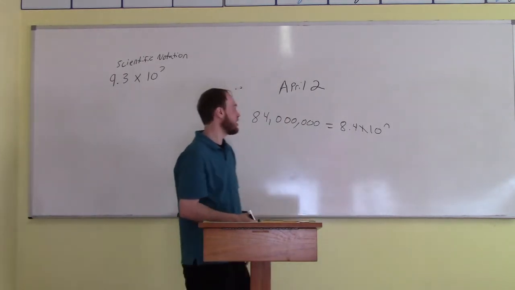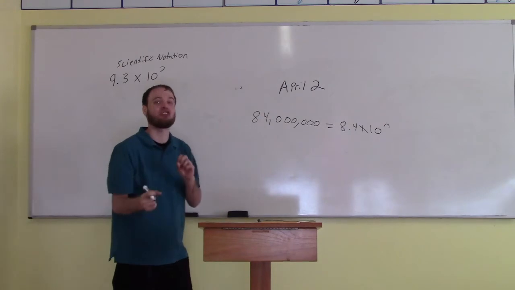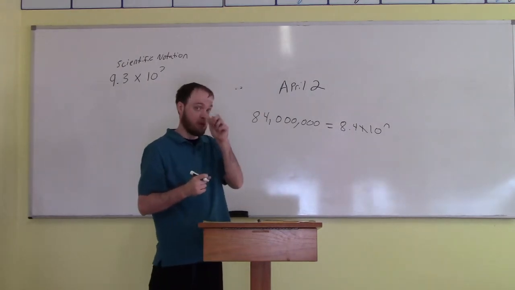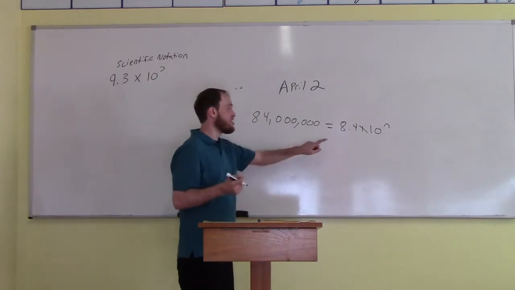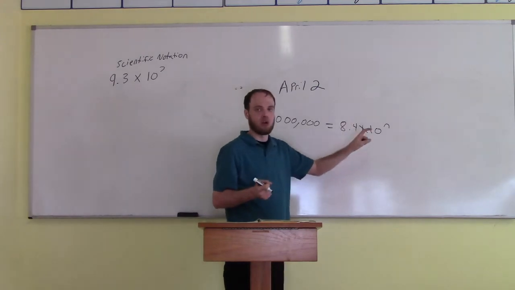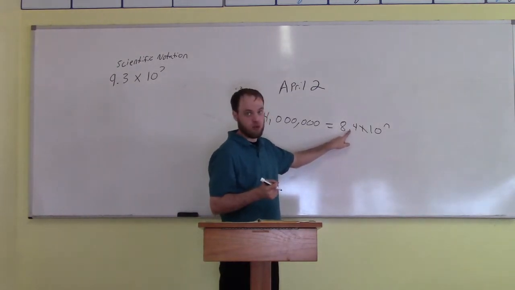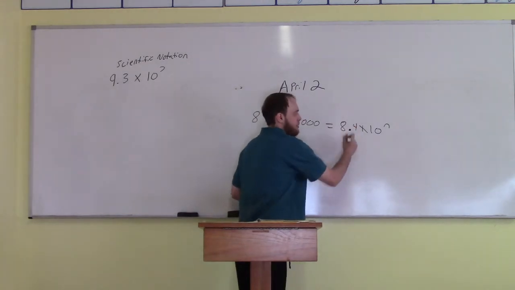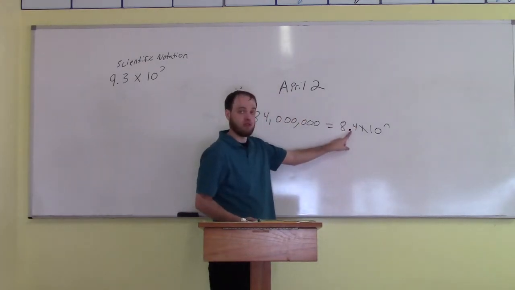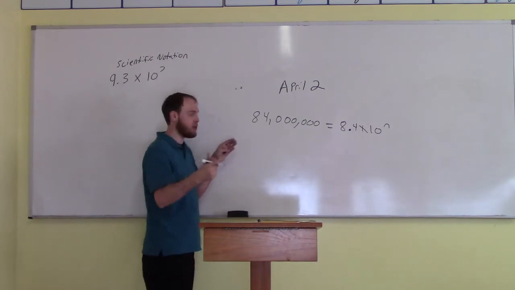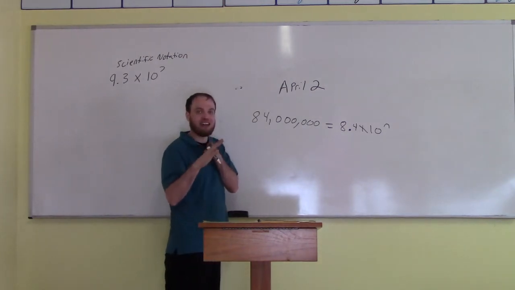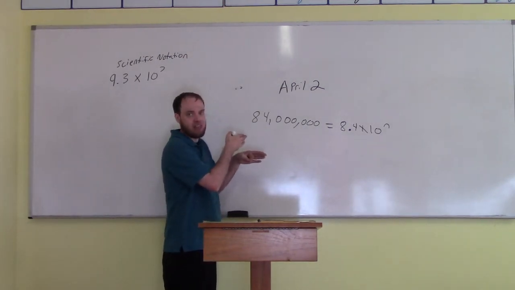To do this, we're just going to move our decimal place. Notice that for 8.4, the decimal is in front of the 4, so we come over to our big number and put an imaginary decimal right there between the 8 and the 4.